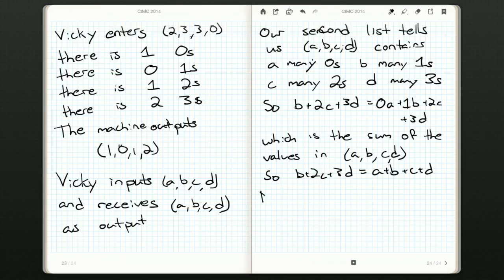So what does that mean? If I'm counting up the number of zeros, the number of 1's, the number of 2's, and the number of 3's, I'm just grouping the values in the list and then assigning a number.